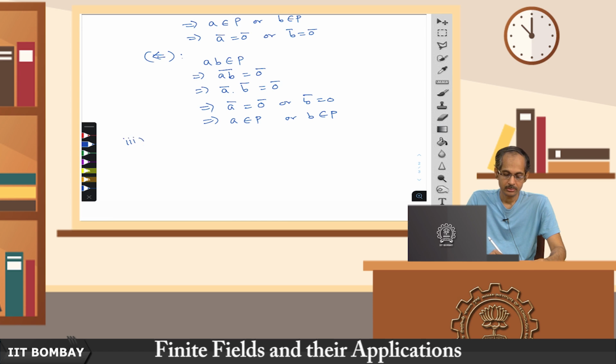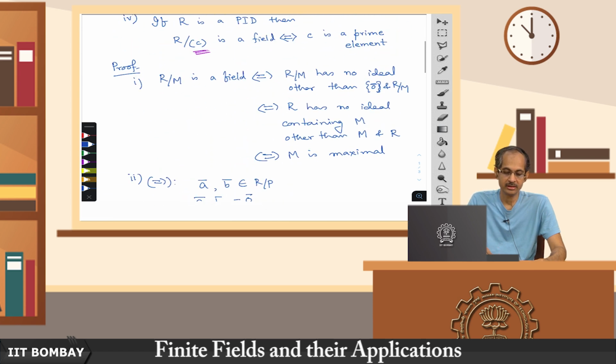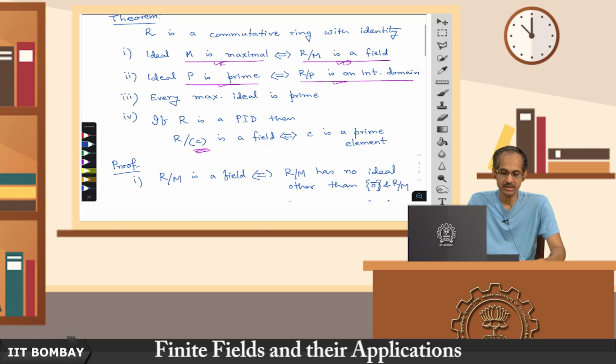Now, the third part is proved trivially, because as we said, from these equivalences we already know that a field is an integral domain. So, this implies this, and so their equivalents also follow the same implication. So, that proves the third part.